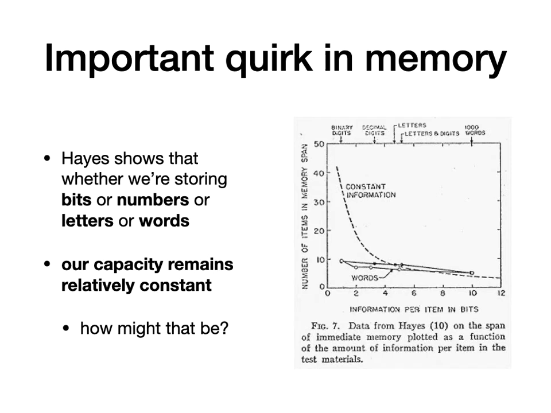A bit is the most basic unit, and a word must be represented by tons of bits. We need lots of information in terms of the raw amount of information available to make sense of a word. So how the heck does the capacity remain around 7? These lines, as you can see, they all kind of overlap. Our use of words versus our use of bits and numbers, we have the same performance on these same kinds of memorization tasks. How could that be?